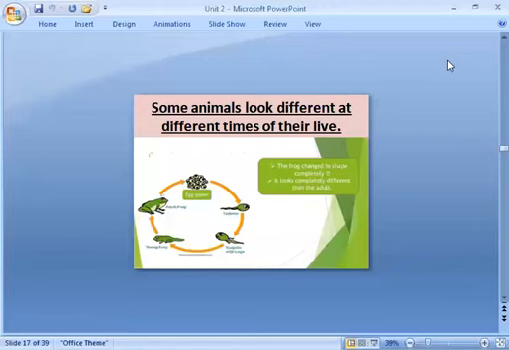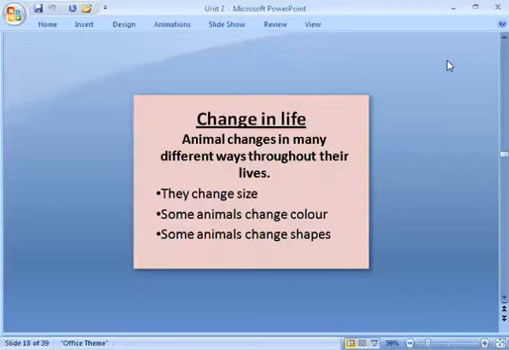Students, there are some animals that look different at different times of their life. For example, frog. Frog changes in shape completely. It looks completely different than the adult. Life cycle of frog starts from egg to tadpole to adult frog. Okay, change in life.